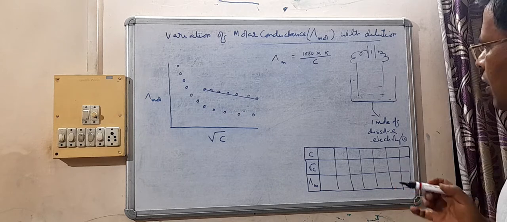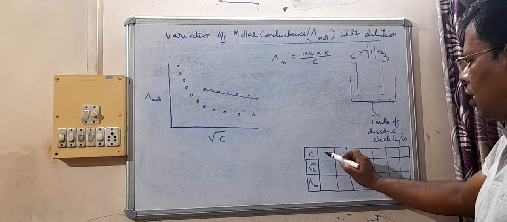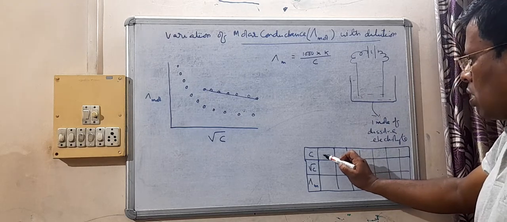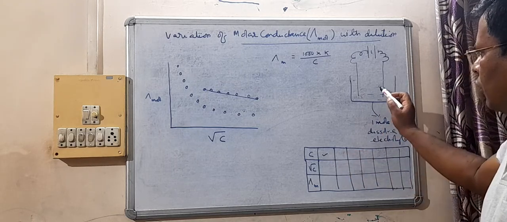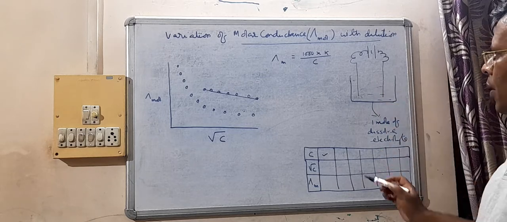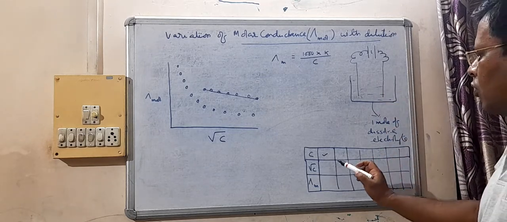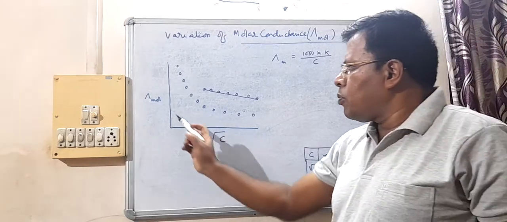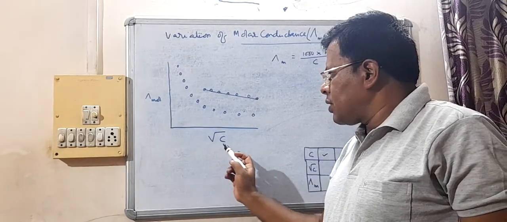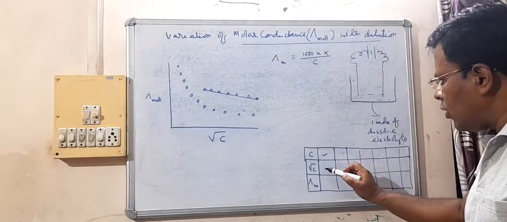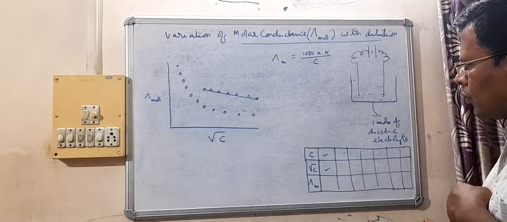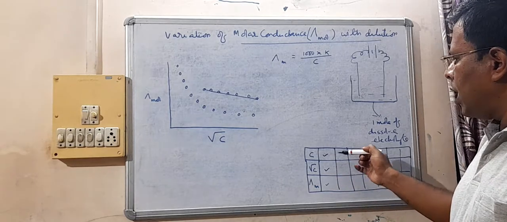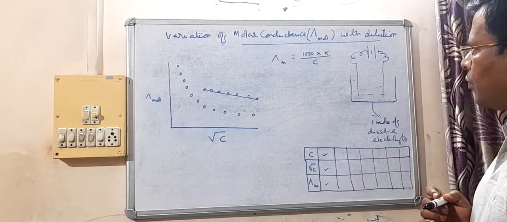And suppose we will make a table, for a certain concentration we will also find the value of root C, because actually here we will be plotting molar conductance versus root C. That's why we need the value of root C also, and the molar conductance value we will get at this concentration.